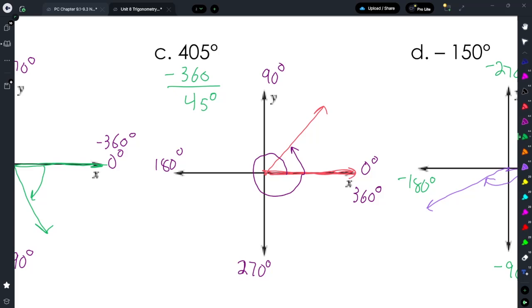So we drew 45 degrees, but in our rotation, we went a full circle and then 45 degrees. Now, the initial side and the terminal side would be the exact same as if I were just drawing a normal 45-degree angle. So these two angles are coterminal, 405 and 45, because the initial side and terminal side are in the exact same spots. It's just a different amount of rotation.